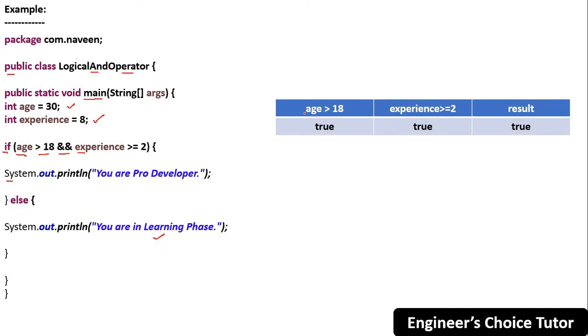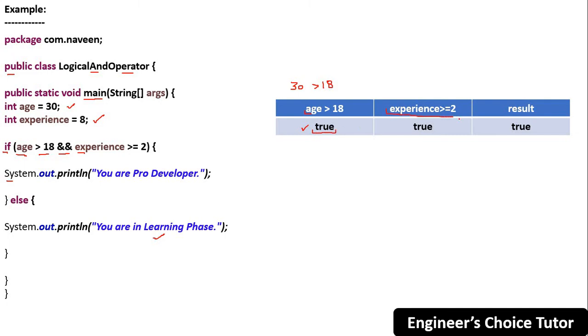There is a condition: age greater than 18. Here int age is equal to 30, so 30 is greater than 18. Perfectly valid, it is true. So what we have learned right now is that if condition 1 is true, then second condition evaluation is needed.